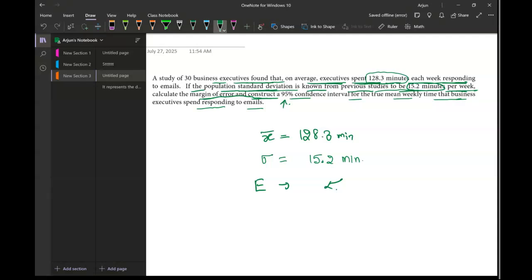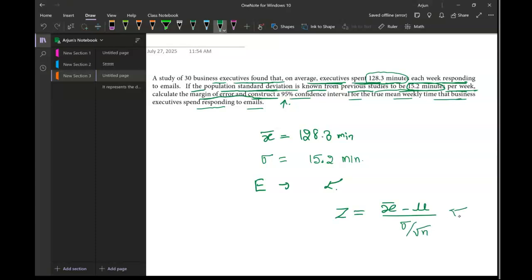So how are we going to create the margin of error? First of all, you can directly look into the formula, or you can always manipulate the terms by using the previous formula also. So Z value is equal to X bar minus mean divided by sigma upon square root of n.